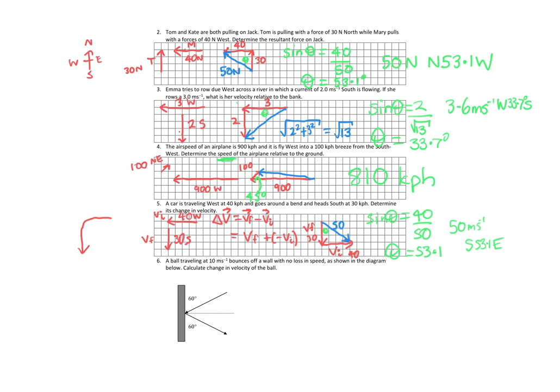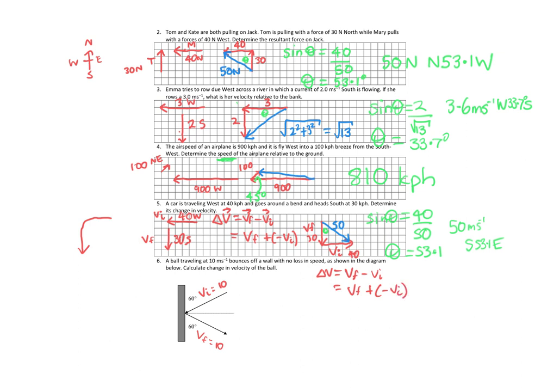So this is V, oops, I'll try and stick with my original colour scheme. VI equals 10, VF equals 10, delta V, change in velocity equals VF minus VI equals VF plus minus VI.